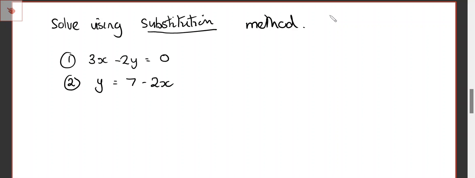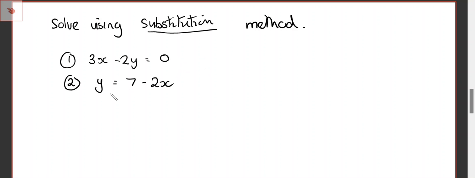For this one, if y is 7 minus 2x, if you substitute 7 minus 2x in for y, why am I allowed to do that? Because in both of these, x and y are the same number.